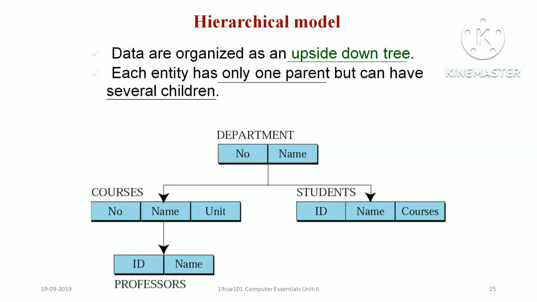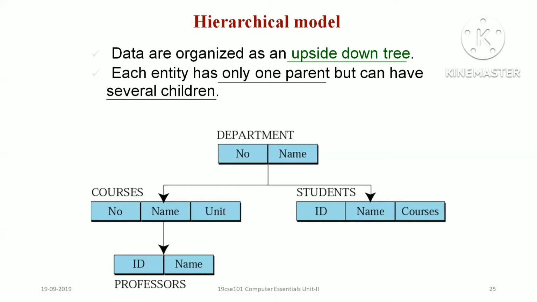If we talk about the definition of hierarchical, the hierarchical model arranges records in a hierarchy, like an organization chart. Each record type in this model is called a node.